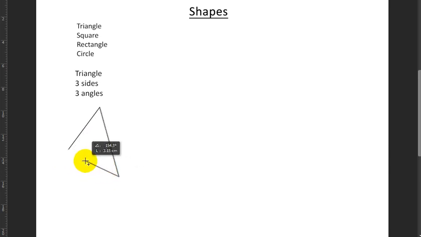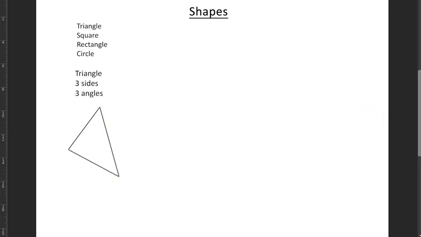And then I'm going to make another side. And this final side can't go wherever I want. This needs to close the shape, so it needs to come back to the beginning of the shape here. So here we see a shape that has 1, 2, 3 sides and 1, 2, 3 angles.